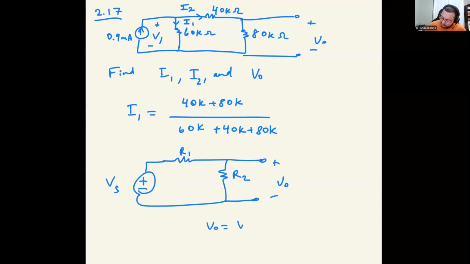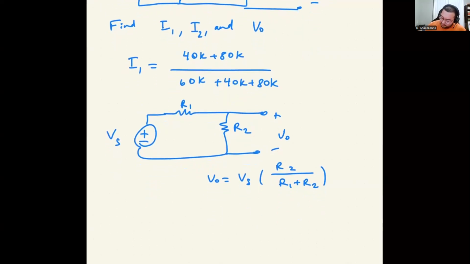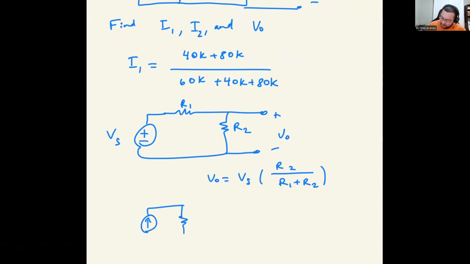Again, this output voltage is just proportional to the resistance that we're looking across. But for the current divider, we're actually looking at two resistances in parallel, between the same two nodes here.